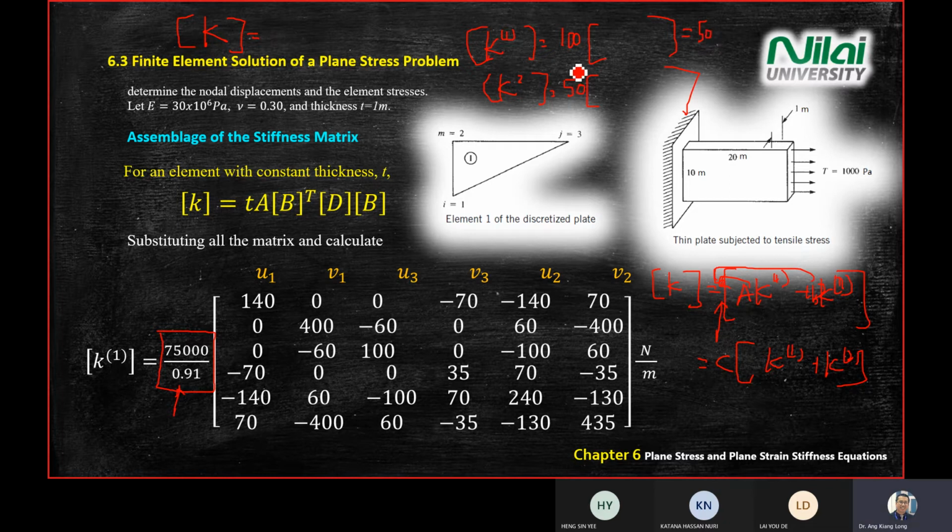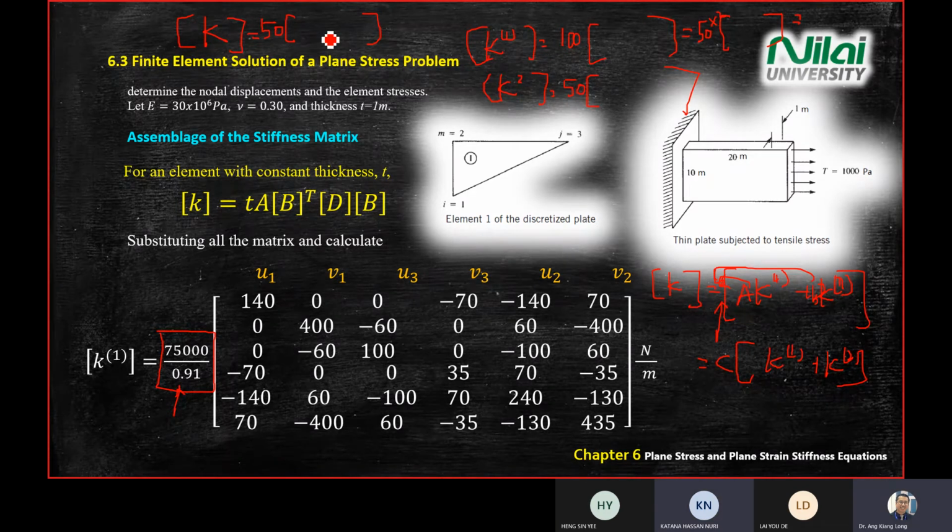You must convert your first matrix into 50, and then the matrix inside, you times by 2. That means in the global K matrix, you only see 50 outside. You understand? Katana, you understand?